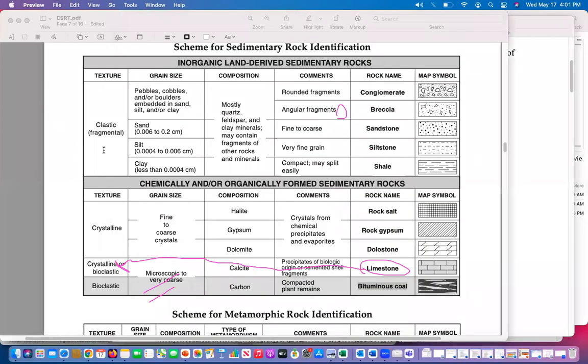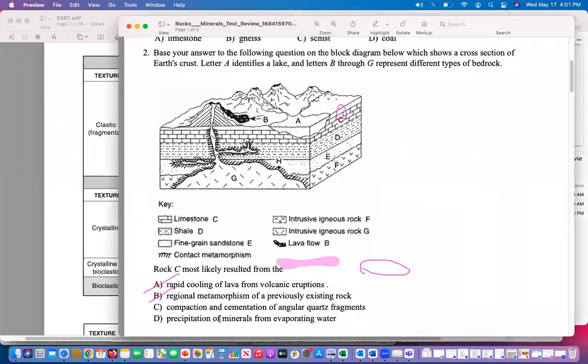When I look at my reference tables and I look at limestone, one of the things that I see automatically is precipitates of biologic origin right here. And I see a word that's familiar to that, precipitation of minerals from evaporating water. And so that's why it is choice D.